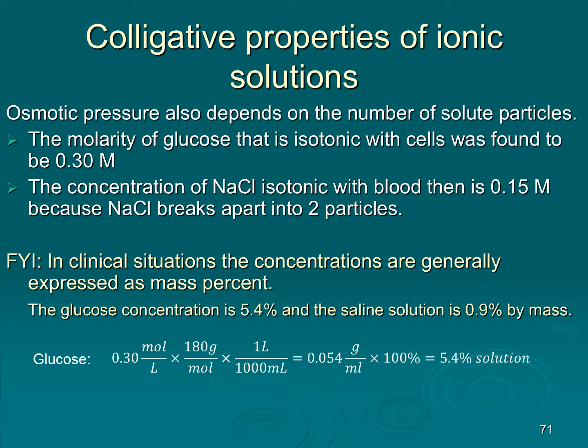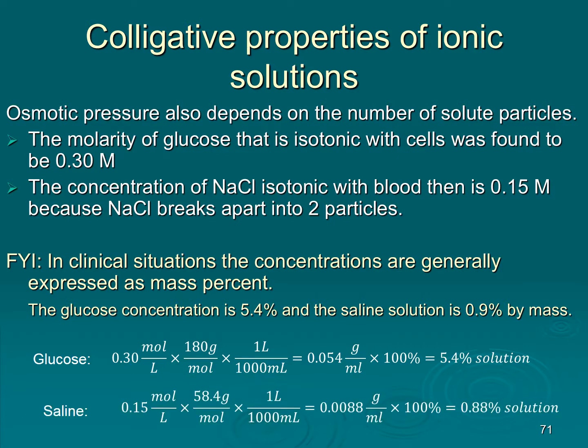If you take 3.3 molar and convert that to grams per liter, and then convert that to grams per milliliter, and then multiply by 100%, because percent is always grams per 100 milliliters, there's 5.4 grams per 100 milliliters of solution, and that's why you'll usually see 5.4% glucose.